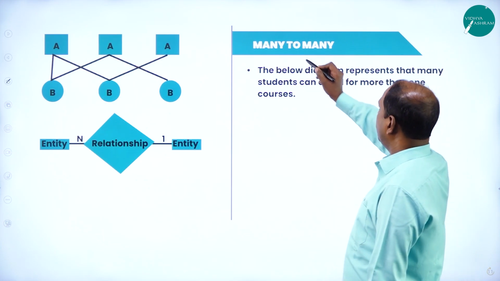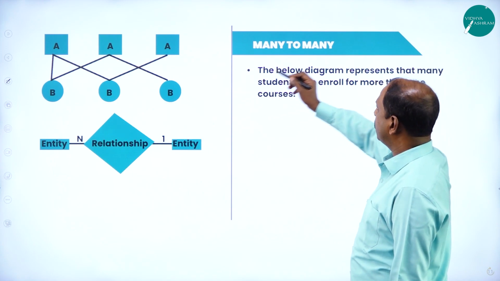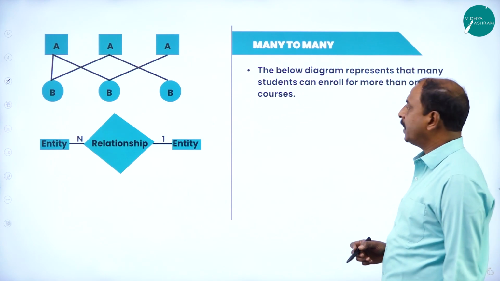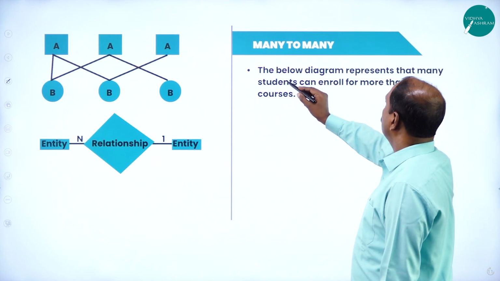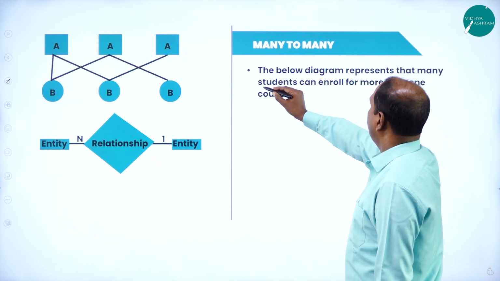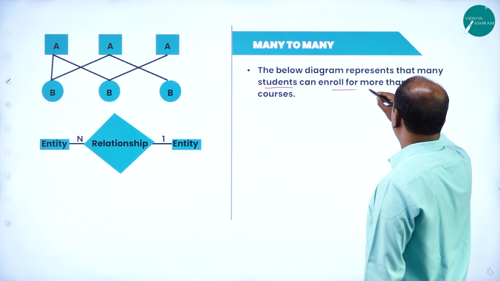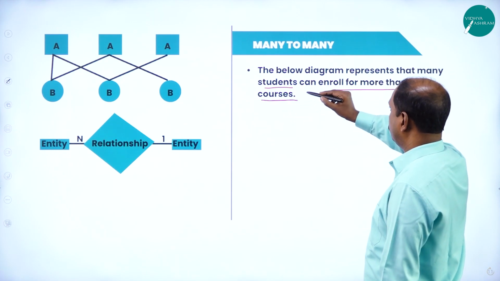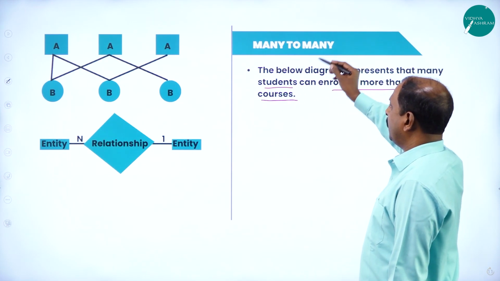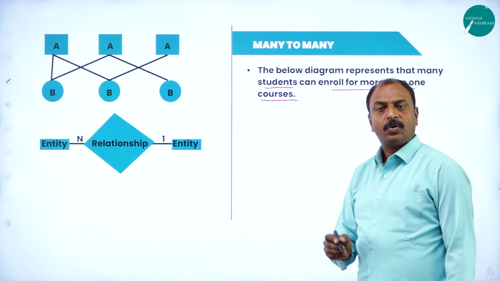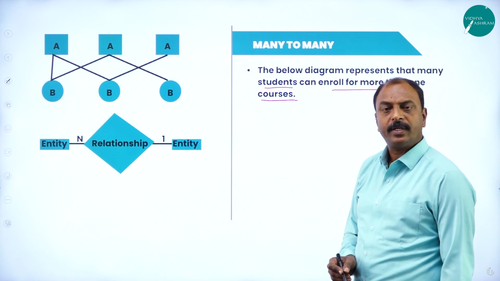Next one is many to many. This is another category of relationship under binary relationship. In the diagram, many students can enroll for more than one course. Please note that this is many to many. In the previous example, one course may have more than one student.